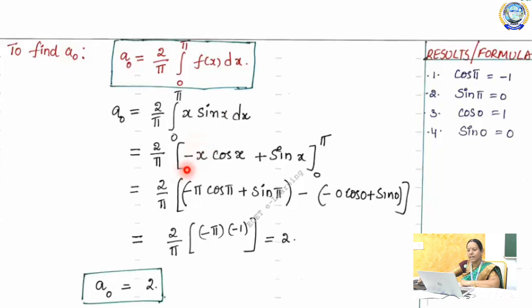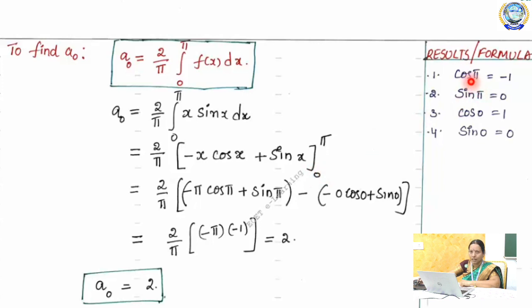We get minus x cos x plus sin x over the limits 0 to pi. Let us substitute the upper limit first. That is minus pi cos pi plus sin pi, minus the lower limit: minus 0 cos 0 plus sin 0.